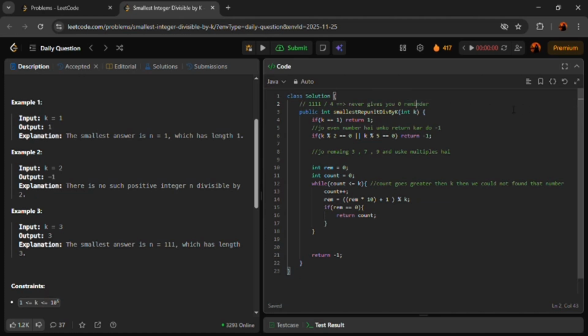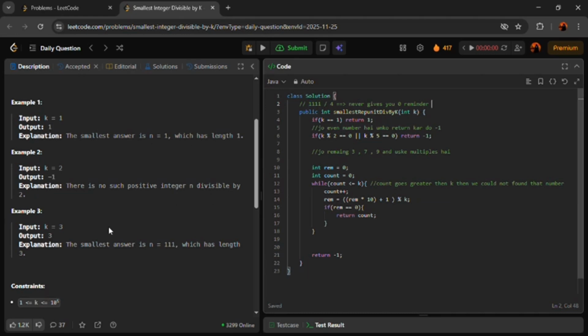It never gives you zero remainder. You can take any number which is a multiple of 2, and you cannot find a number which contains only the digit 1 and is also divisible by 2 or a multiple of 2. No, you cannot find that number.